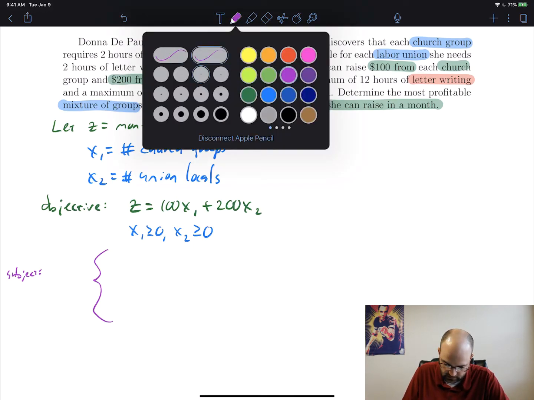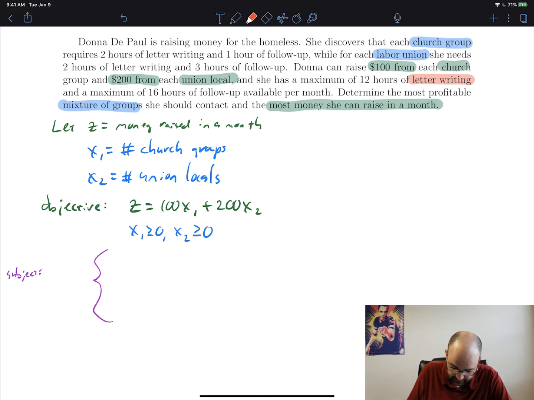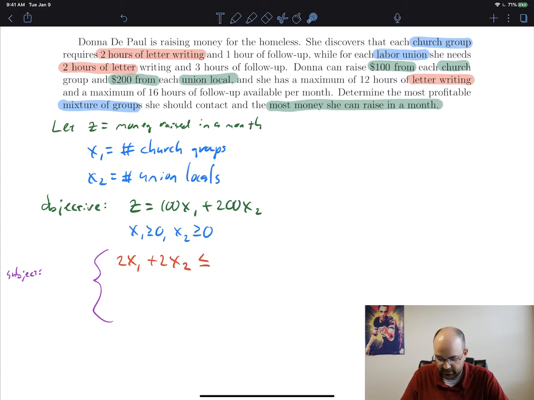For letter writing, we have 2 hours for each church group, so 2x1, and for each union local, 2 hours of letter writing, so plus 2x2 needs to be less than or equal to 12 hours, the maximum she can spend per month. And of course this is letter writing hours.